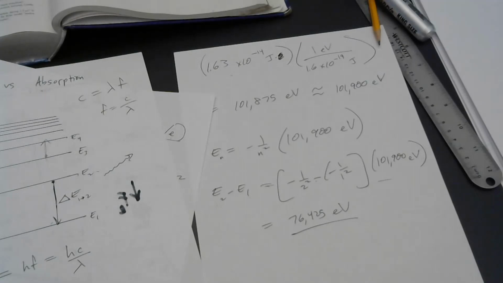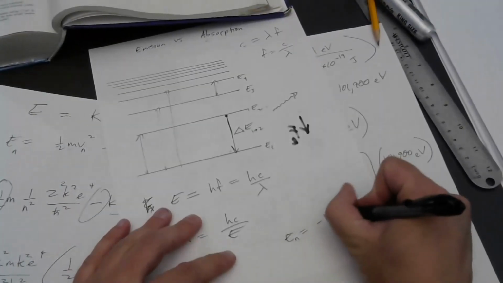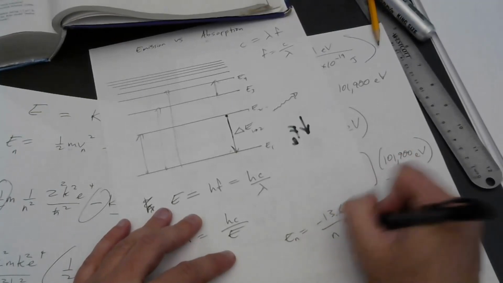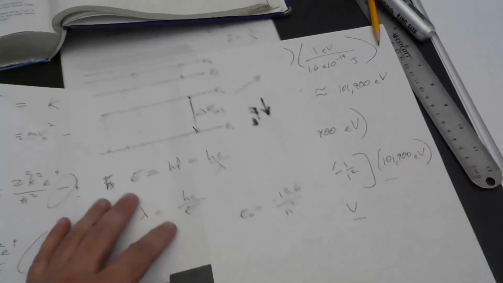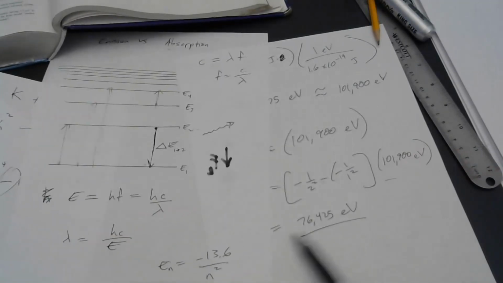That's a really big number compared to the hydrogen atom. I hope you've reviewed that for the hydrogen atom, the energy levels are negative 13.6 over n squared. So just a few eVolts of energy in transitions between 2 energy levels. Why is this so much greater? Well, it's because we've got 6 protons in the nucleus, so there's a much greater attraction between the muon and the nucleus, so that it's like a deeper potential well, so to speak.